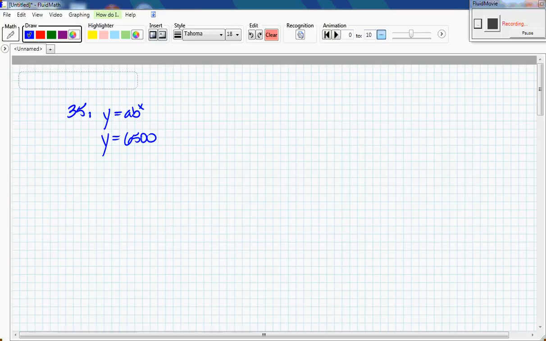The growth factor, or decay factor in this case, B is equal to 1 plus R. The rate of depreciation is 14.3%, so that's a negative 14.3%, which as a decimal is equal to negative 0.143.